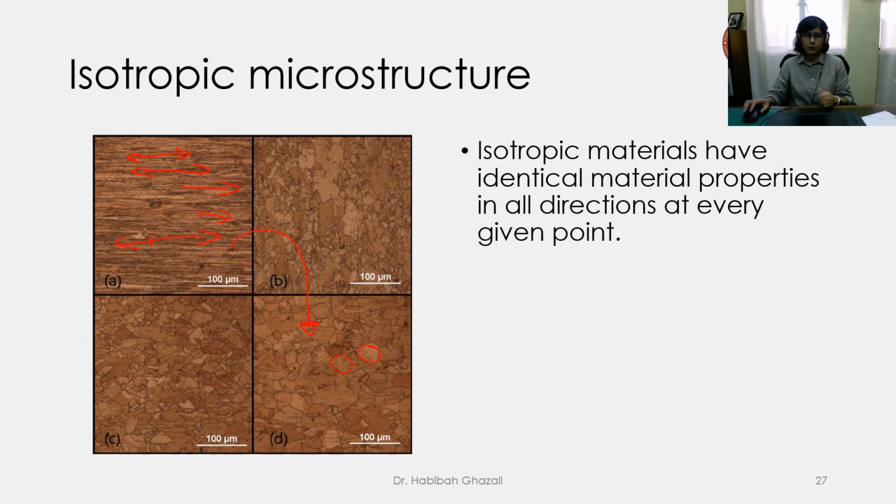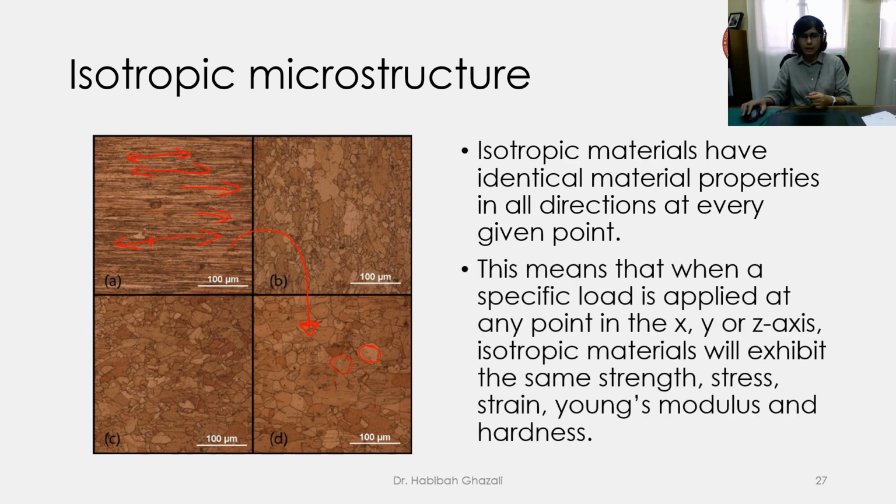An isotropic microstructure has identical material properties in all directions at every given point. So it means that when a specific load is applied at any point in the X, Y, or Z direction, in an isotropic microstructure, it will exhibit the same strength, the same stress, strain, Young's modulus, and also hardness. So we want this microstructure mostly in structural applications.